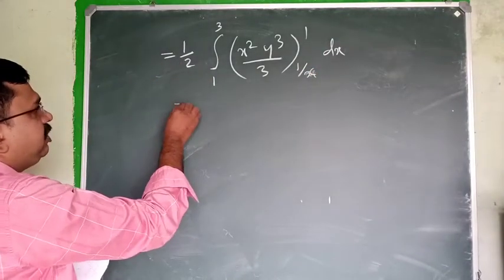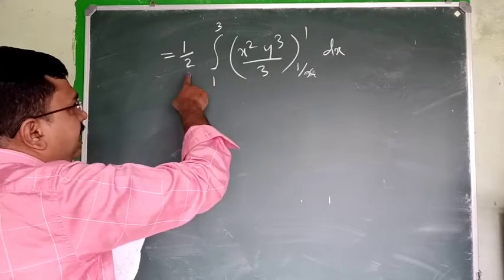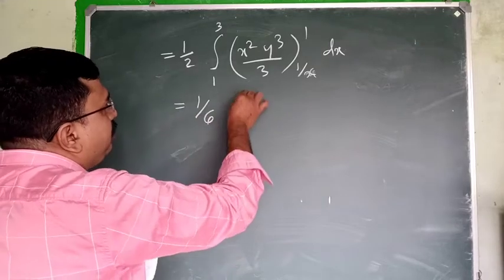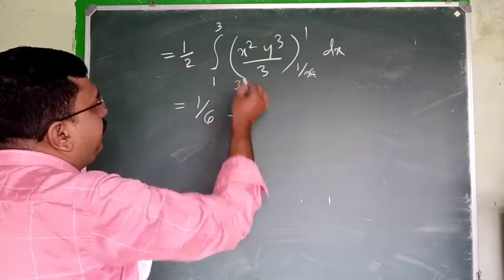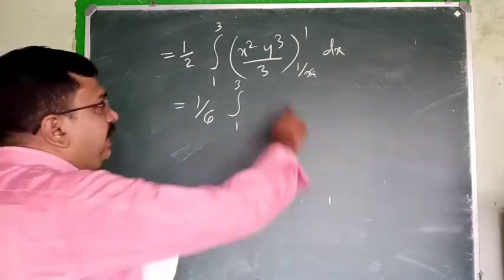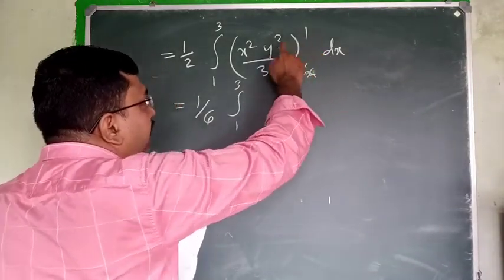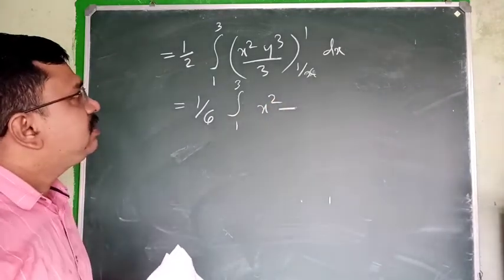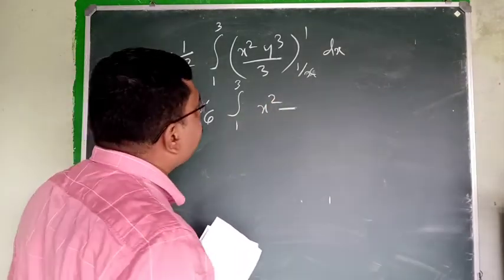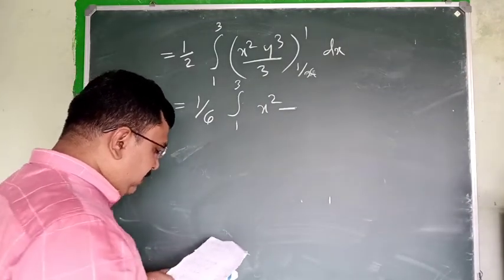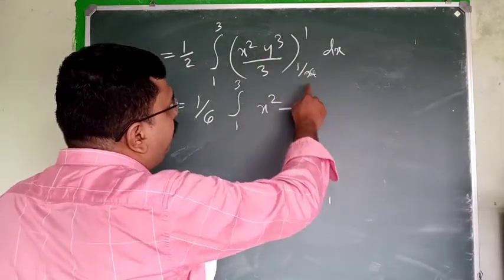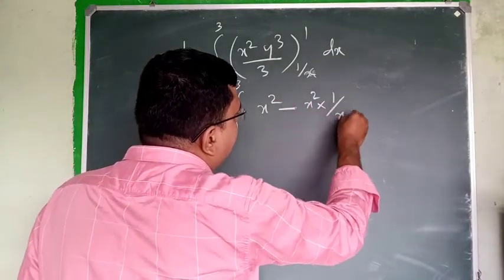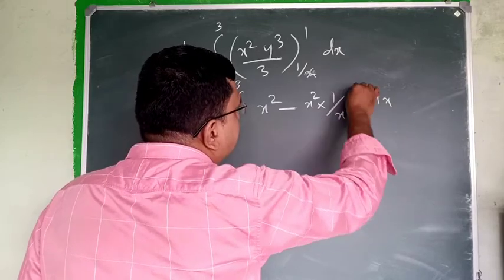That is equal to, here 3 can be taken outside. 3 and 2, it will become 1 by 6 into integral 1 to 3. Then replace y with respect to 1. Then it will become x square minus, next step, x square into 1 by x cube dx.